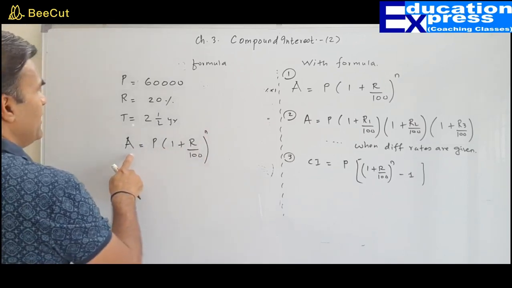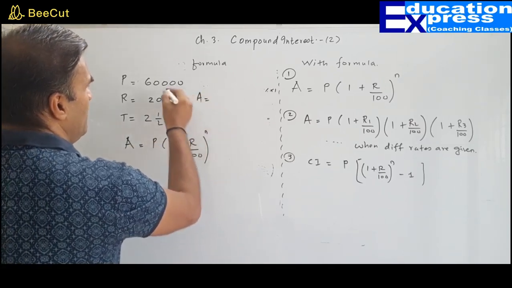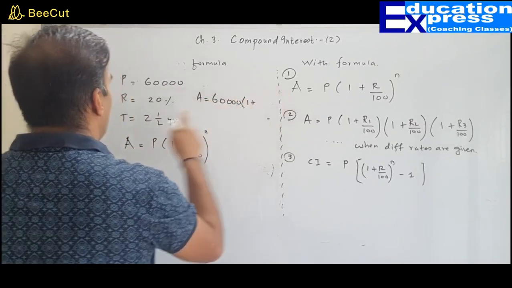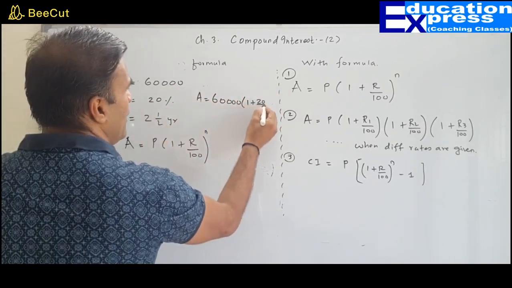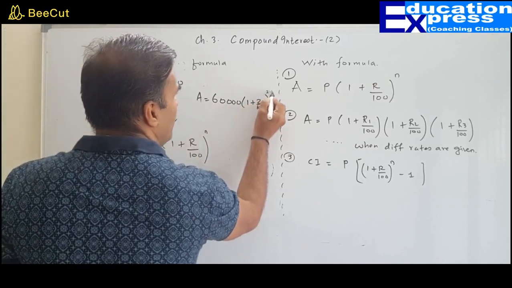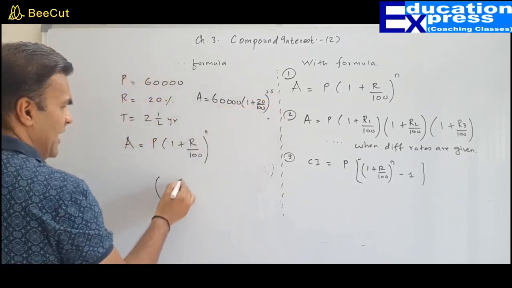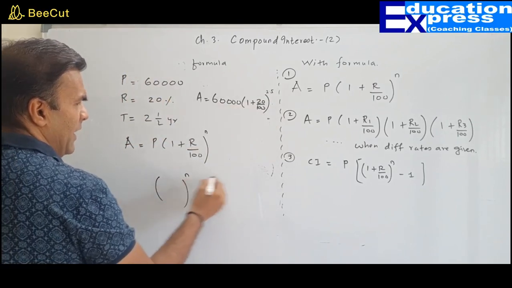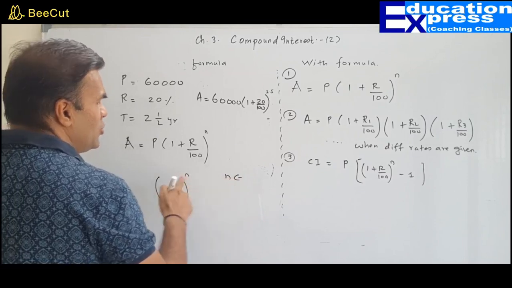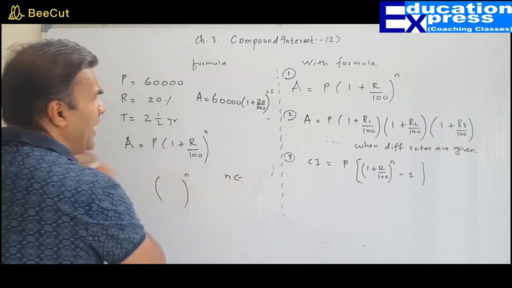Now if I apply this, my amount would be P, 60,000, times 1 plus, what is R? 20 upon 100, raised to, can I write raised to 2.5? The answer is no. Anything raised to N, my N should belong to natural numbers. This N should not be a fraction.